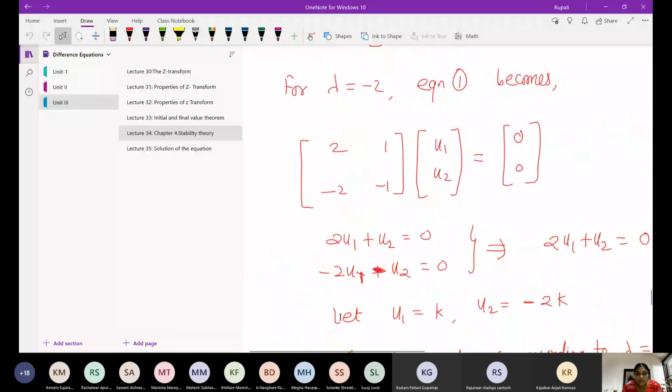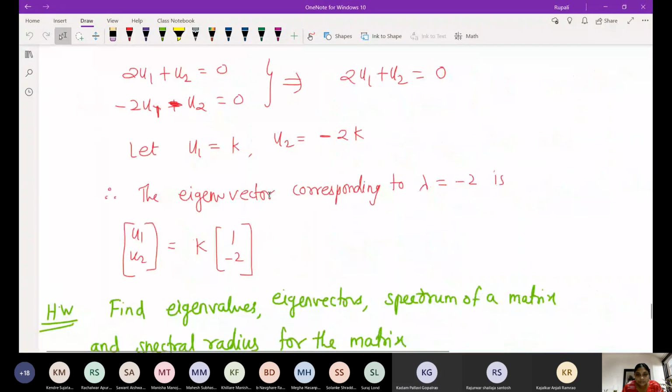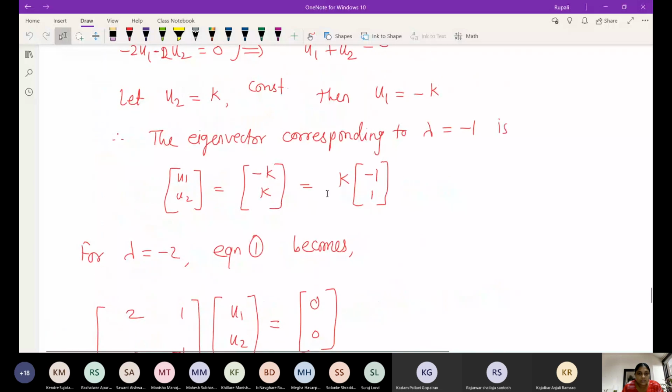One minus 2 and minus 1, 1 — is that right? Yes ma'am. Okay, instead of that I can take k is equal to minus k also, k dash.